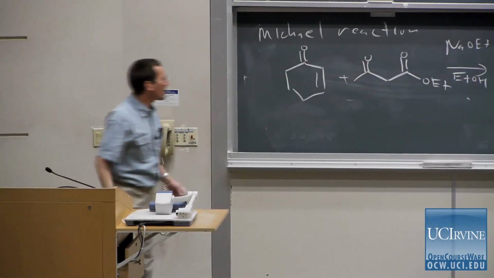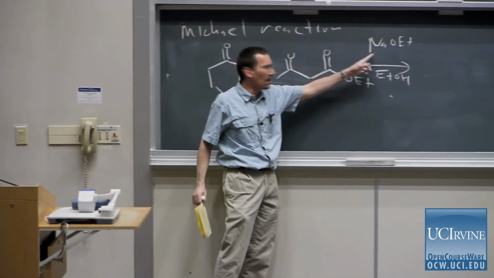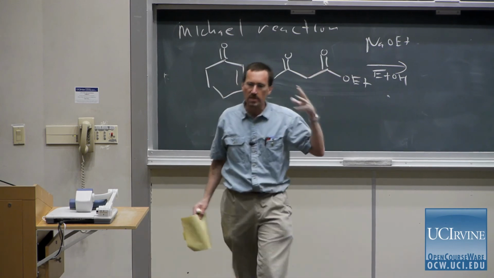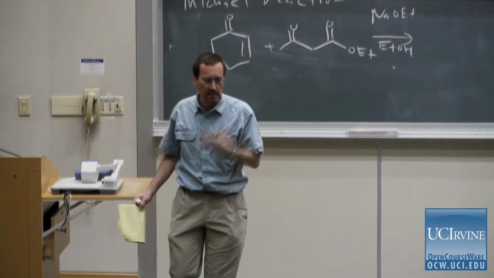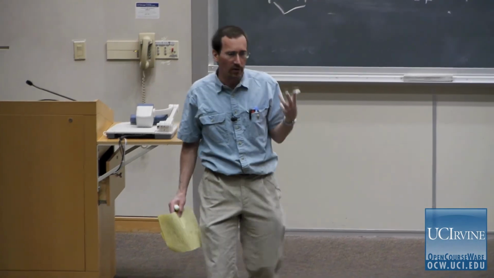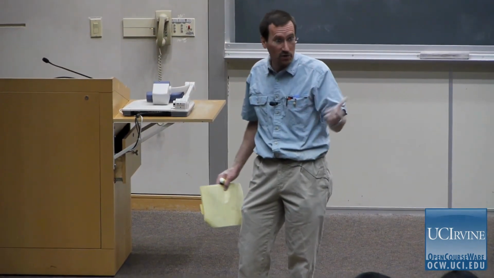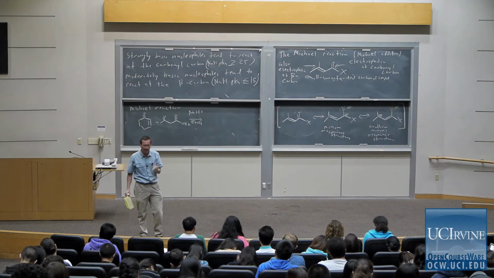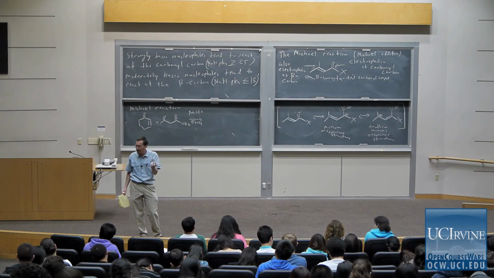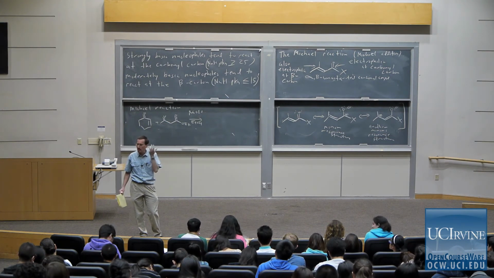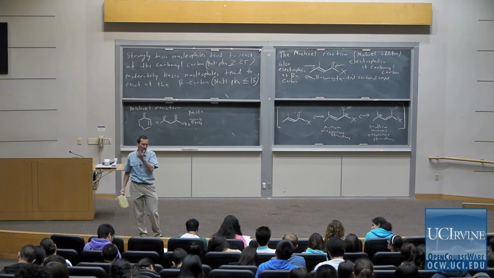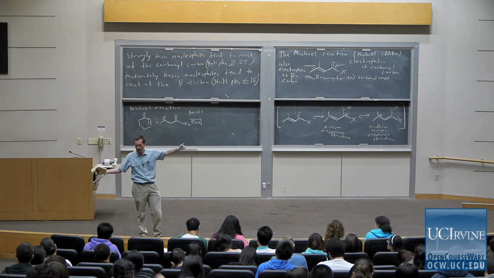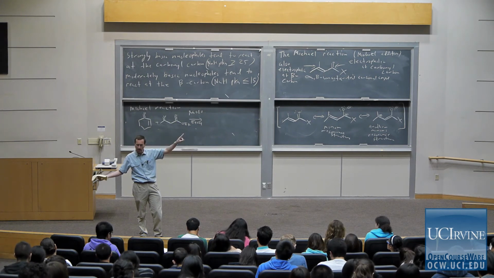I've chosen sodium ethoxide and ethanol because I want to generate the enolate. Sodium ethoxide is a good enough base to generate the enolate of a ketone or aldehyde, but it's specifically a good enough base to quantitatively deprotonate ethyl acetoacetate. Remember, pKa of about 11 for ethyl acetoacetate, pKa of about 16 for ethanol. So that equilibrium between sodium ethoxide and ethyl acetoacetate lies way to the right.